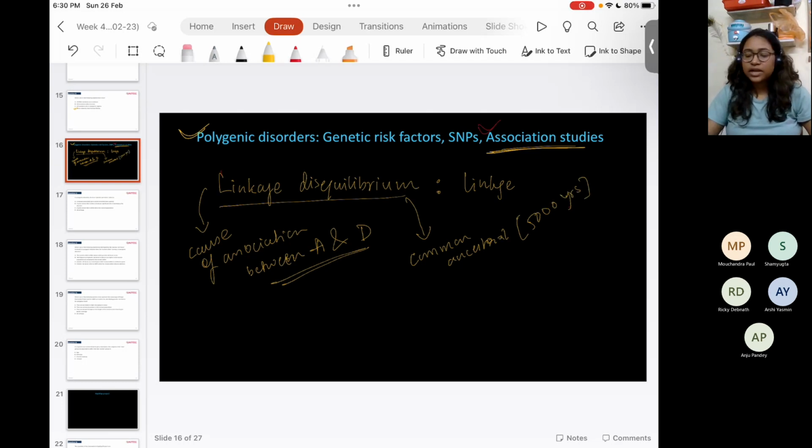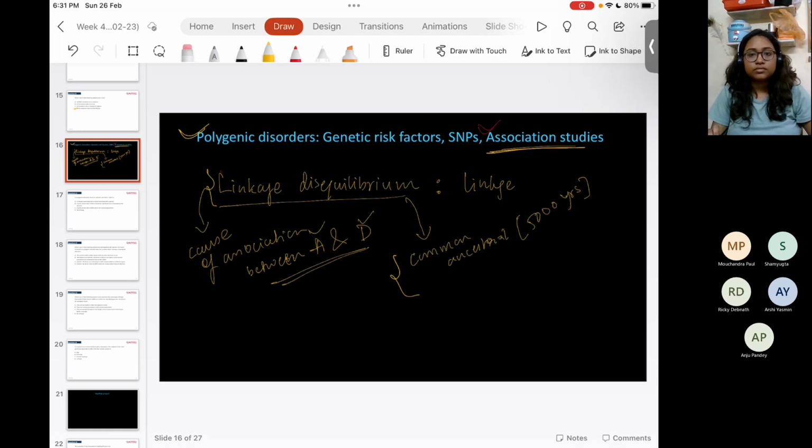If people have found this, then they can conclude that the association between allele A and disease D is because of linkage disequilibrium.